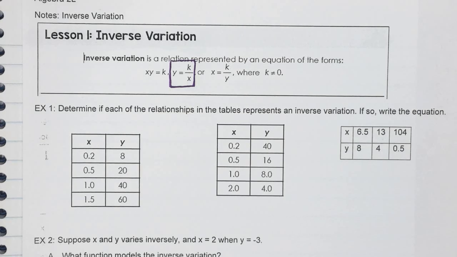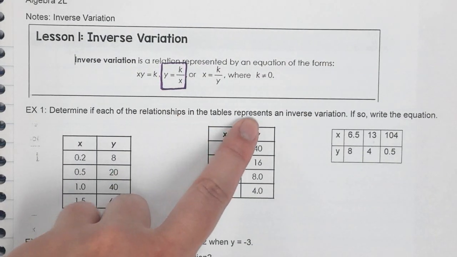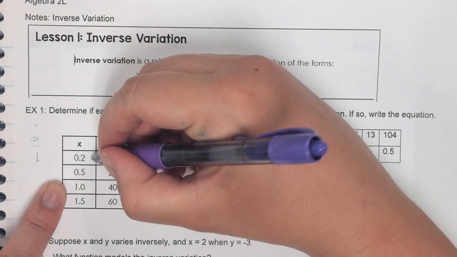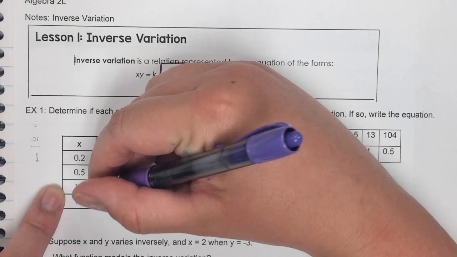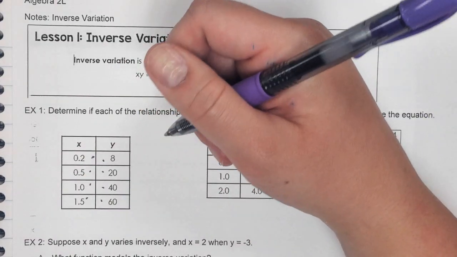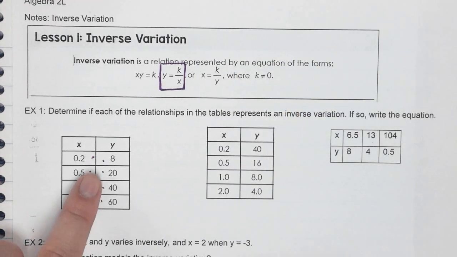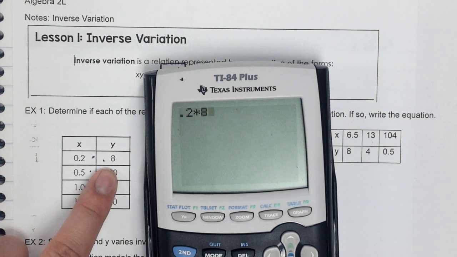Okay, so if I look at another table and I want to determine if the relationships in the table represent an inverse variation, what I'm going to do is multiply the X and the Y's together, and if I get the same number, then I have inverse variation. So if I multiply 0.2 times 8, I get 1.6.